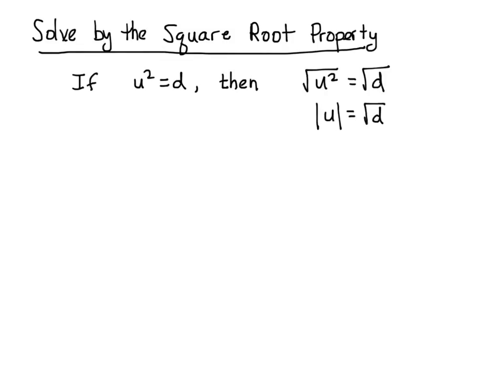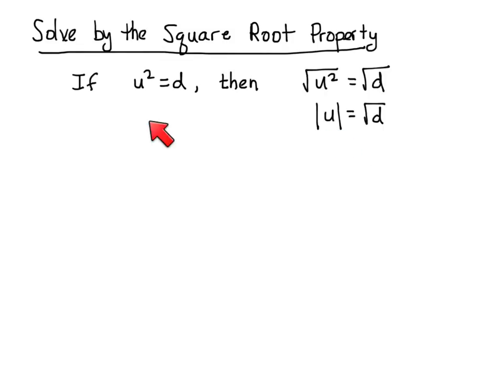But we have to pay attention to one thing here: it's not u equals the square root of d, it's the absolute value of u equals the square root of d. Remember, in this original equation, u can be negative, and then we get a positive d, right? So the square root of d is positive, but if u is negative, we have to take the absolute value of it.